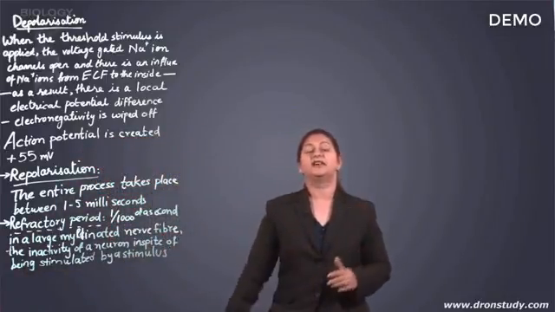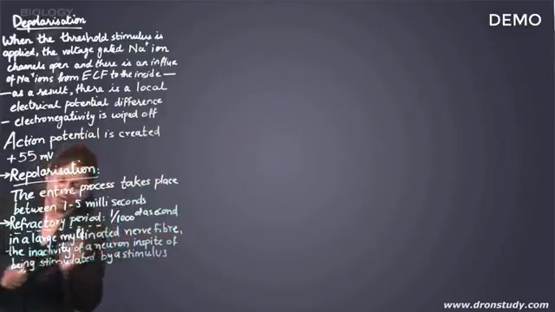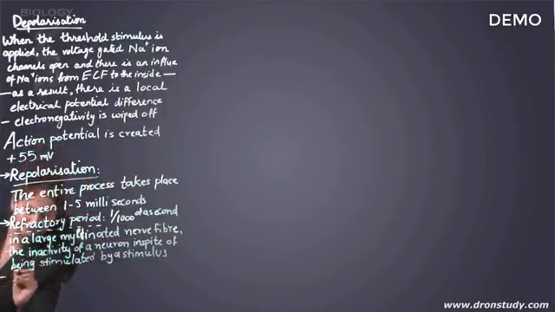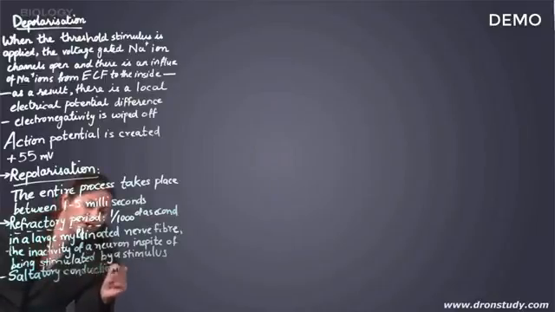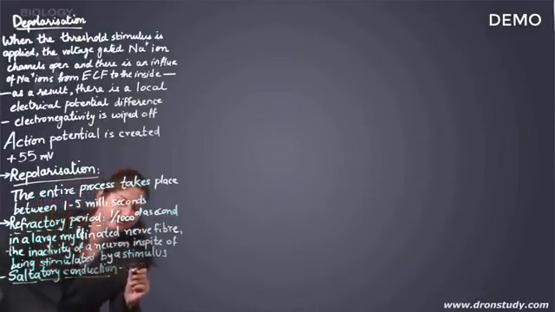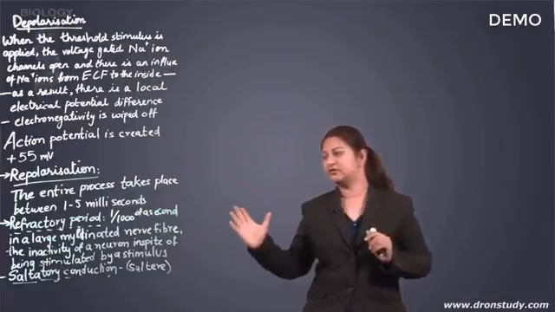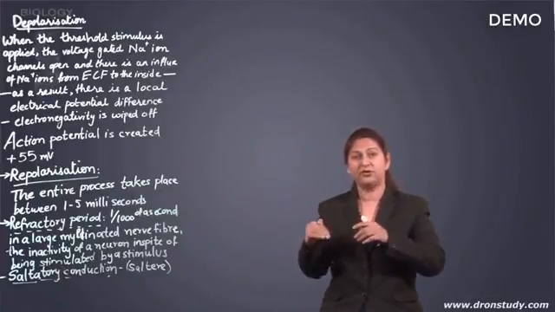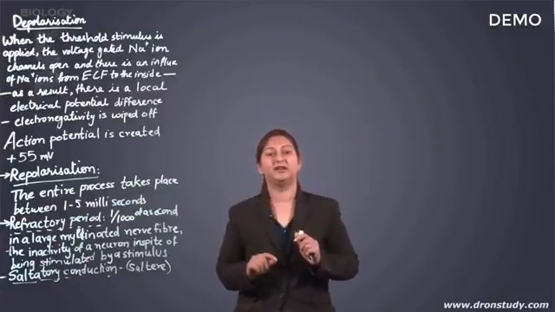And then there is something called saltatory conduction here. Now this word is taken from a Latin word saltare. So saltare means to hop or to jump, and this has shown that the nerve impulse is faster in myelinated nerve fiber.